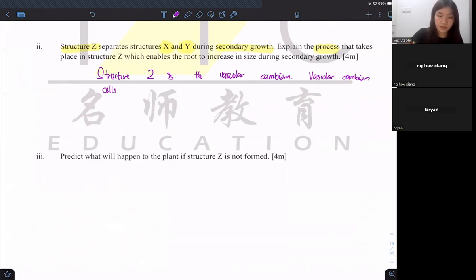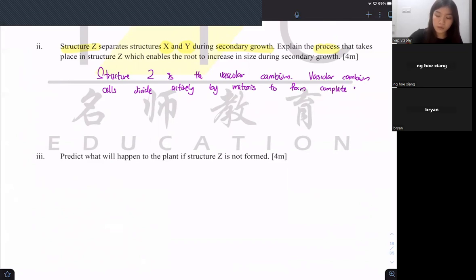Vascular cambium cells divide actively by mitosis to form a complete ring called the cambium ring.